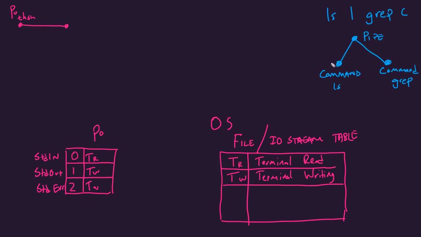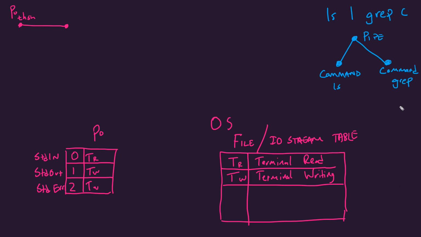So the question is, when we go to execute this tree of commands, how are we going to evaluate it step by step? Let's think about this and imagine what we're going to need to do before we implement this program.